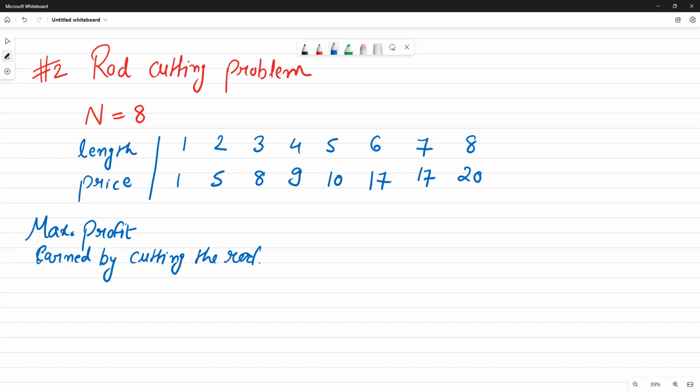Okay, clear or not? So there can be multiple ways you can cut the rod. But okay, can you tell me the answer for this specific problem? What will be the maximum profit you can earn?